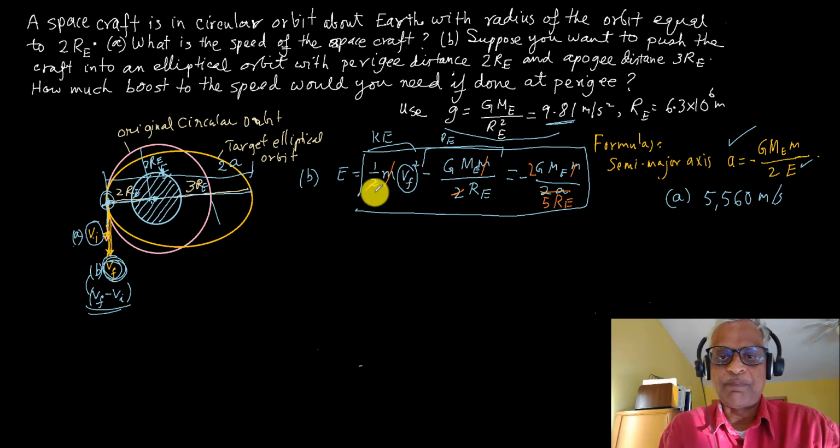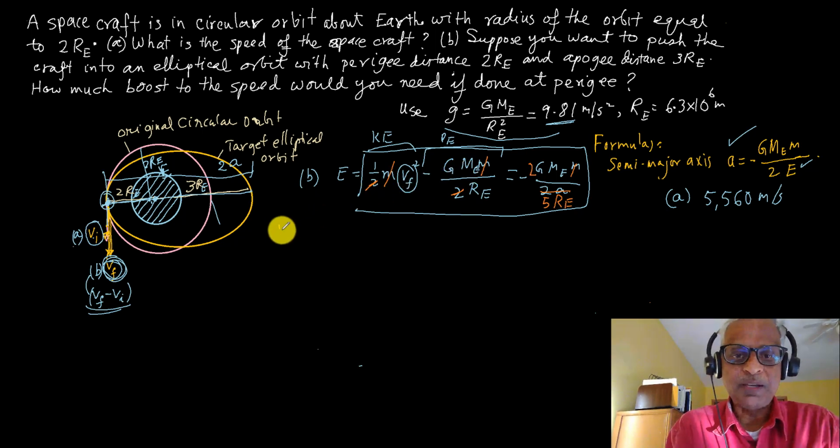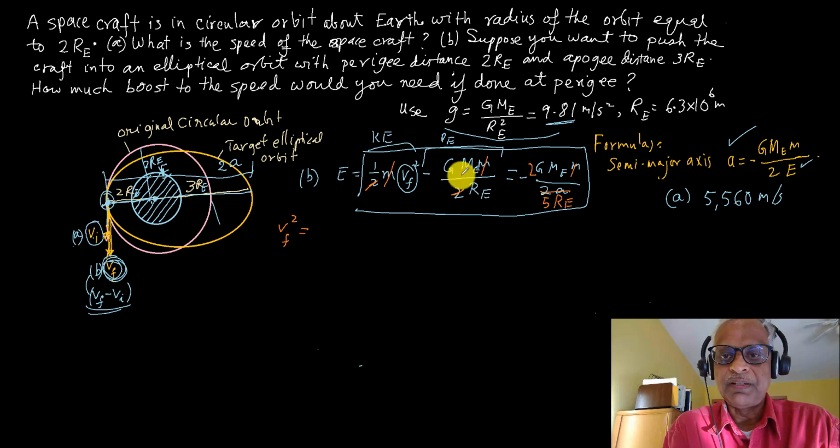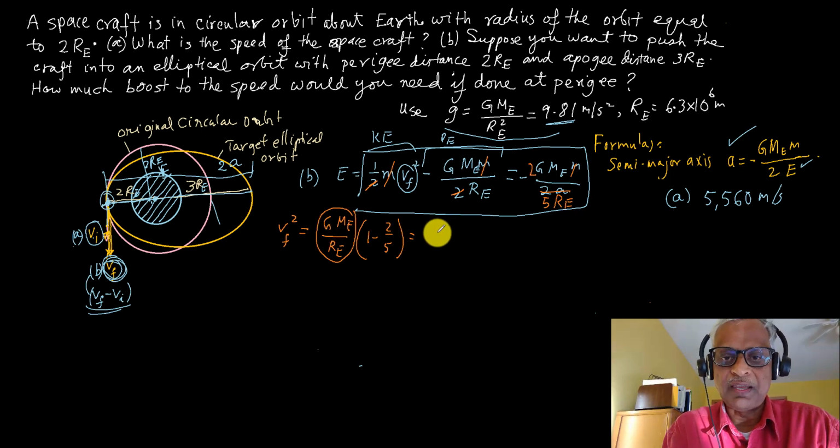So vf squared is going to be G M e over RE times 1 minus 2 over 5, which is 3 over 5. And so this whole thing is G times RE times 3 over 5.